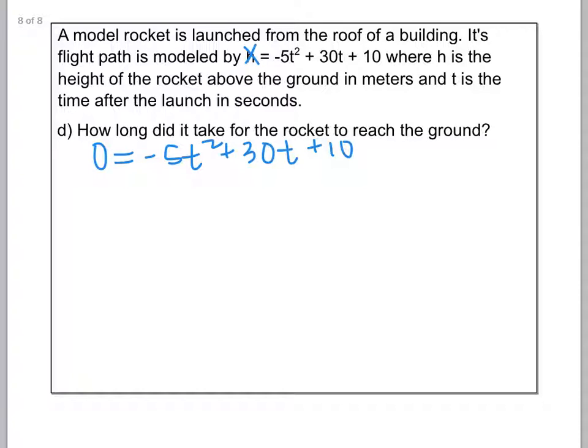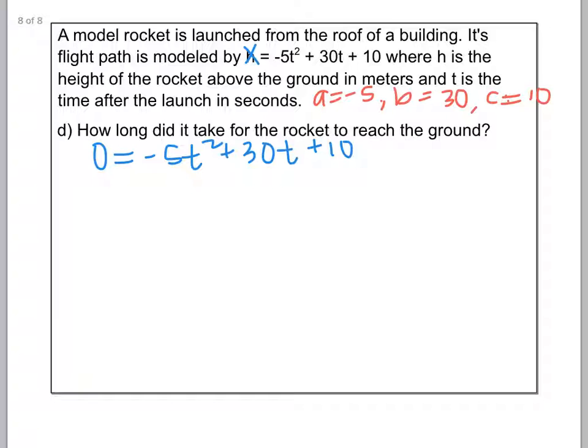So at what times is the rocket on the ground? So really what they're asking us to do is to solve the quadratic. So at this point, we can use the quadratic formula to help us. So here, a is going to be negative 5, b is 30, and c is 10. We're just going to follow it along.